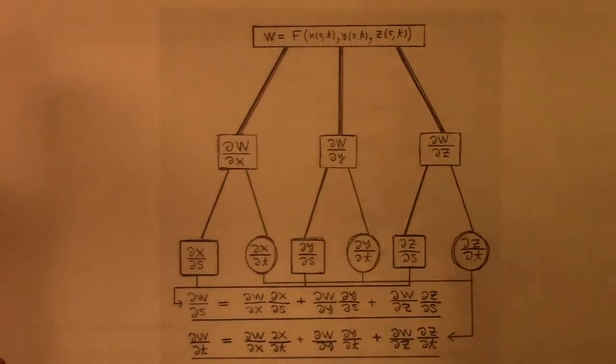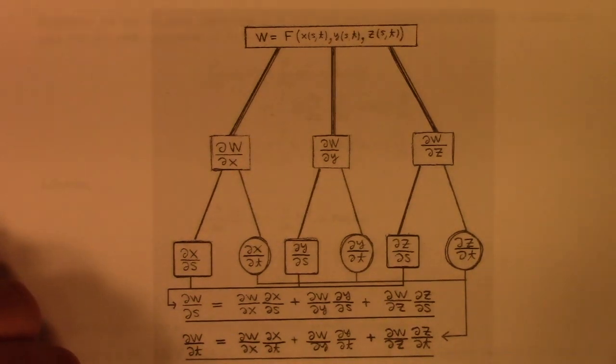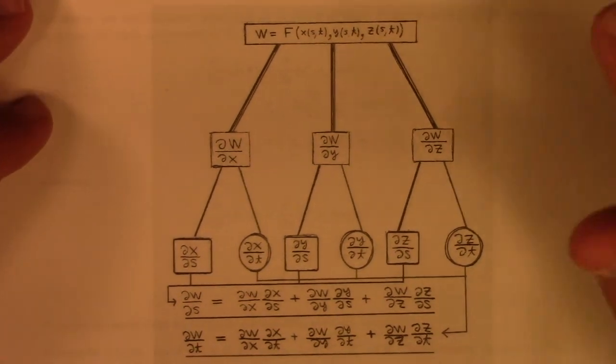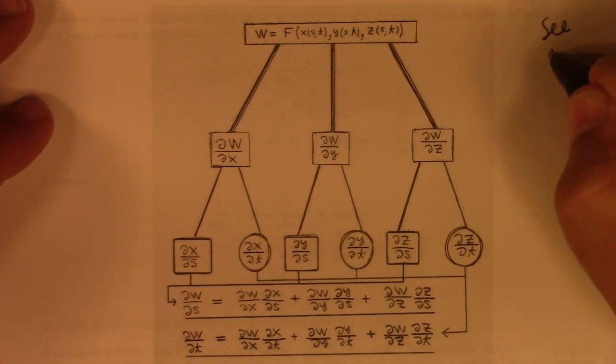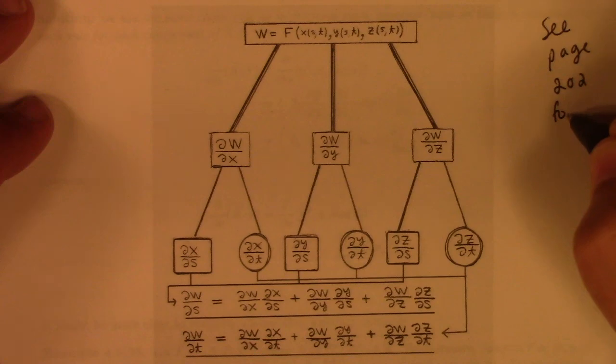And here's the corresponding tree diagram for functions of two independent variables. Let me see if I can find it in my notes. I've got some color coding, of course. I will not try to recreate the color coding here; see page 202 for coloring.